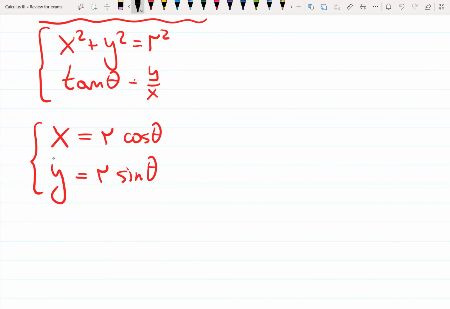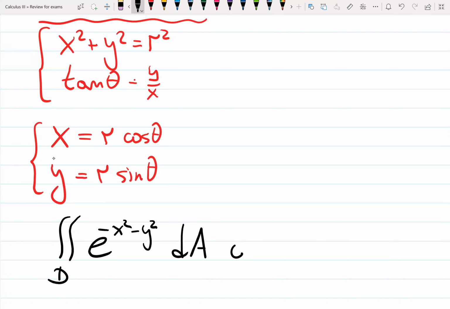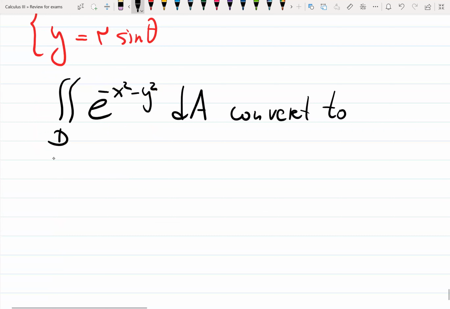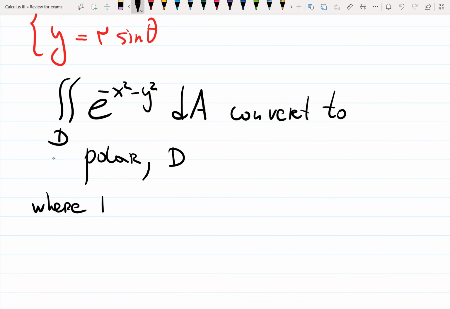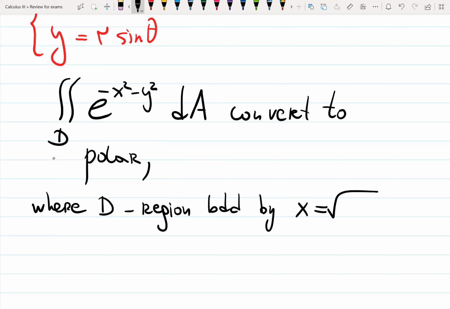So Cartesian, also called rectangular coordinates. For example, convert the integral over D of the function e to the minus x squared minus y squared dA to polar, where D is the region bounded by, let me make a hard one so you have it easier later, 4 minus y squared and the y-axis.